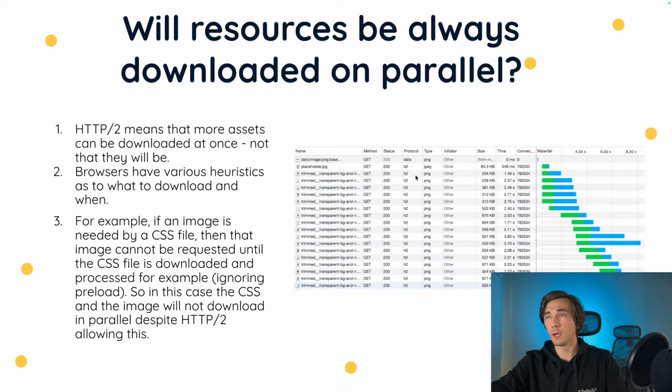But we are using HTTP2. HTTP2 allows you to have prioritization, right? So you can specify the priority for separate streams. If some resource is dependent on another resource, like in this example, if some image is needed by a CSS file, we cannot load this image before the CSS file is loaded and processed, because the browser should know which request should be sent.